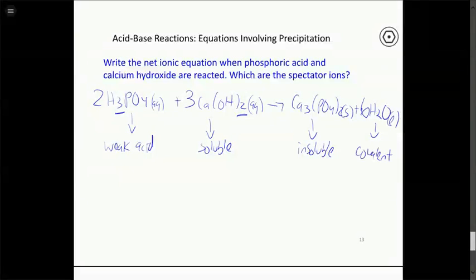So when we write an ionic equation, the only thing we want to separate are soluble ionic compounds and strong acids. We only have one soluble ionic compound here, so our total ionic equation is going to look just like this. H3PO4 is a weak acid, so we don't separate it. We have our one soluble ionic compound, which is going to make 3 calcium 2+, and then it's going to have 6 OH minuses, 3 times 2, total of 6 OH minuses.